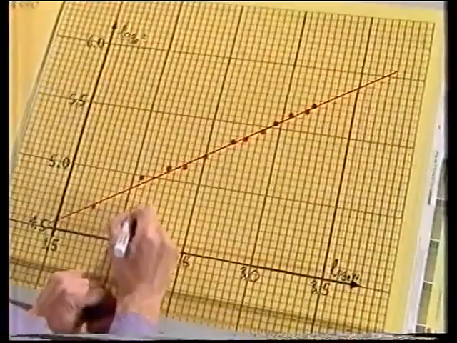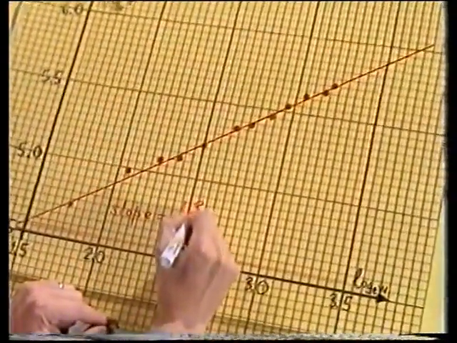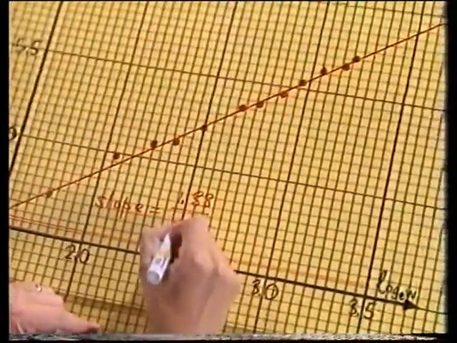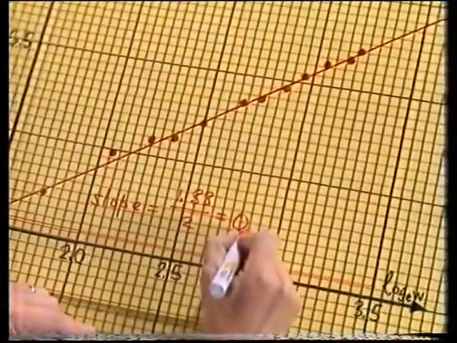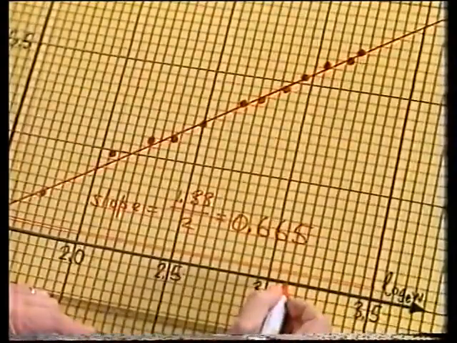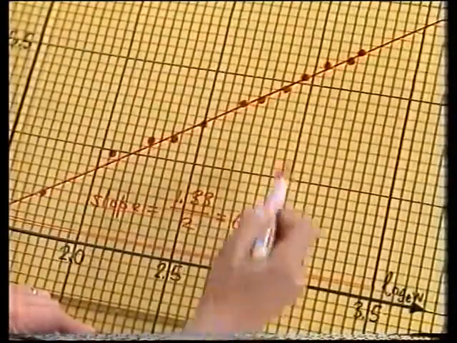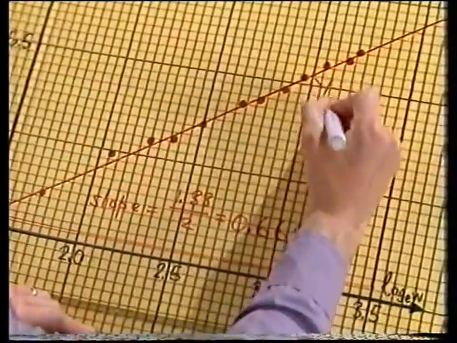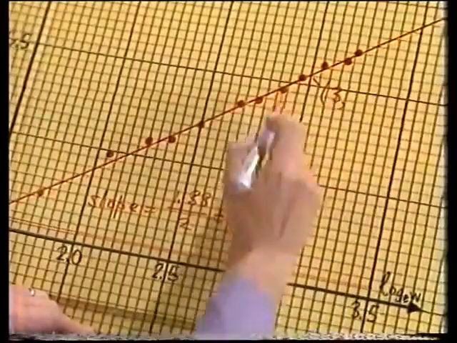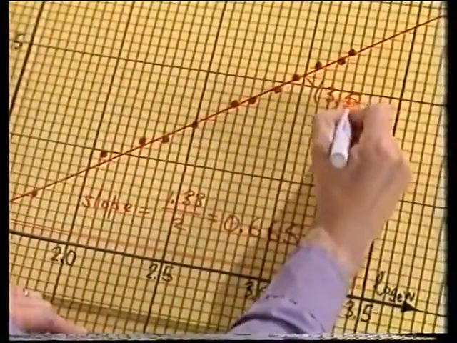So the slope is 1.33 over 2, which is 0.665. And for the 1 point on the line, I'll take log W equals 3, for which the other coordinate is 5.55.